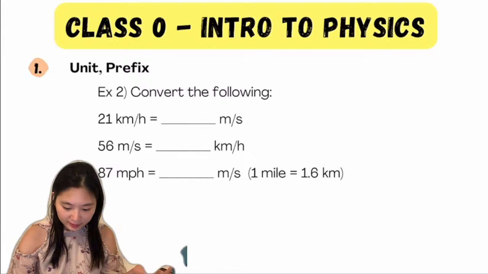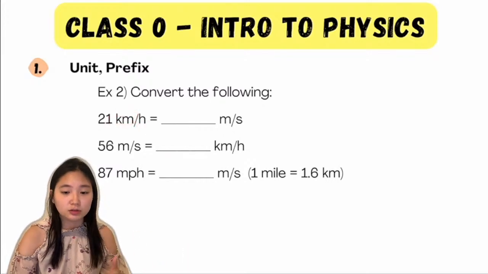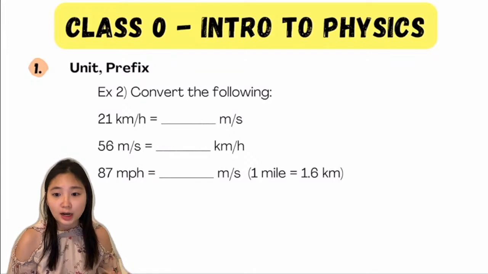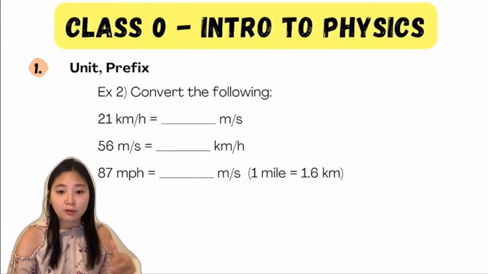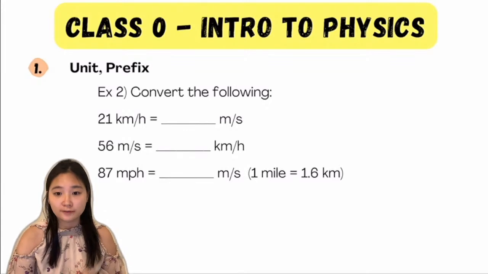I am given kilometers per hour. Kilometer is a unit used to measure length, and hour is a unit used to measure time. So these are two different types of units, and I will have to do at least two unit conversions.